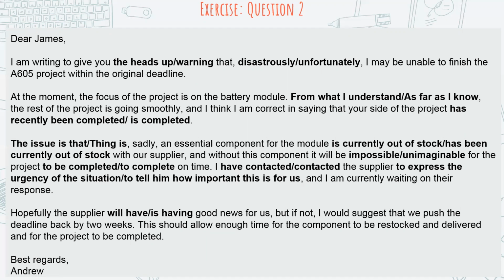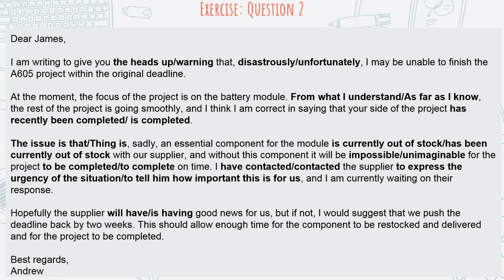For the second one, would you use unfortunately or disastrously? Which one would you use? It's not a disaster. It's an unfortunate situation, so I would use unfortunately. Moving on. At the moment, the focus of the project is on the battery module. From what I understand, as far as I know, which one would you use?